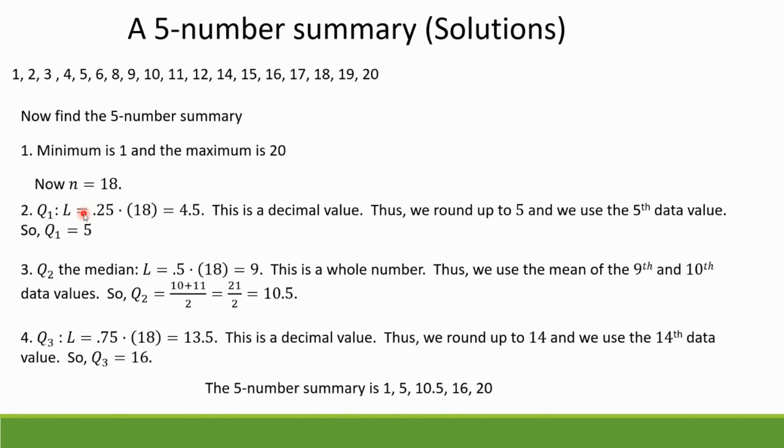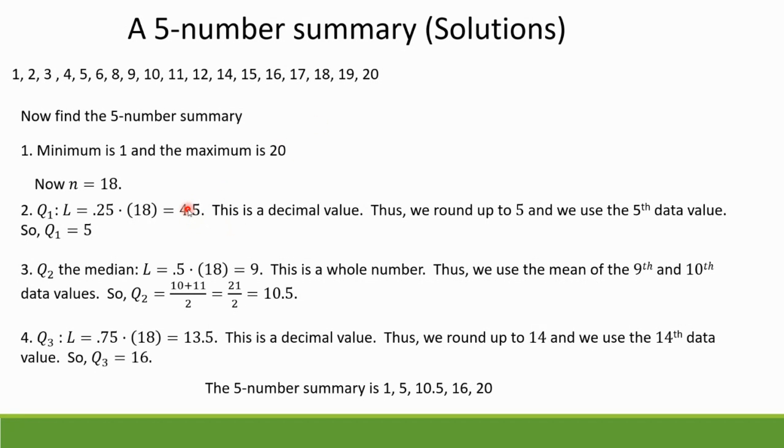Let me say it again. I went kind of quick. For the first quartile, we have to calculate L, which is 0.25 times n. N is 18 in this case. That's how many data values there are. That product is 4.5. This is a decimal, so you round up to the next largest whole number.